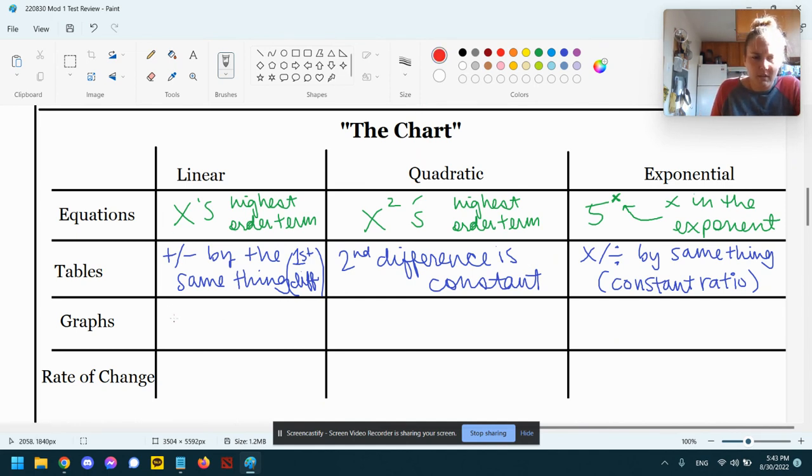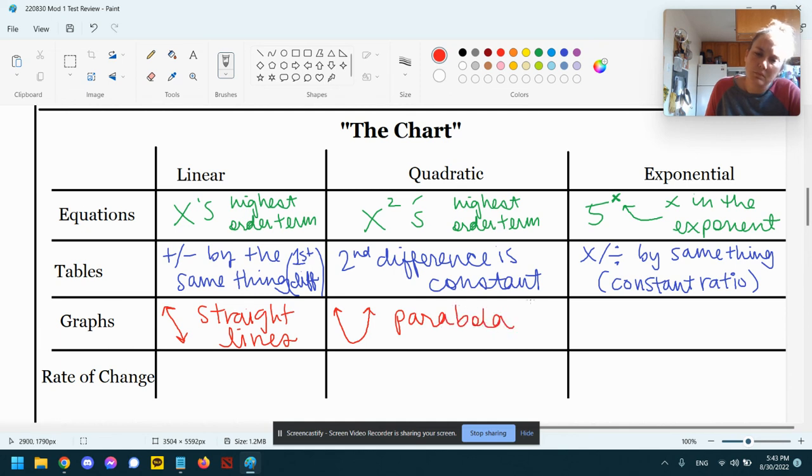For graphs, linears are straight lines. Quadratics are what we call parabolas. Then exponential are these exponential curves.